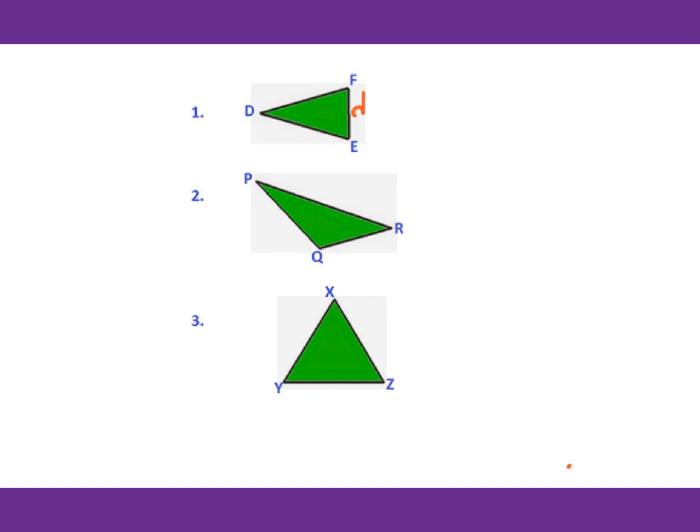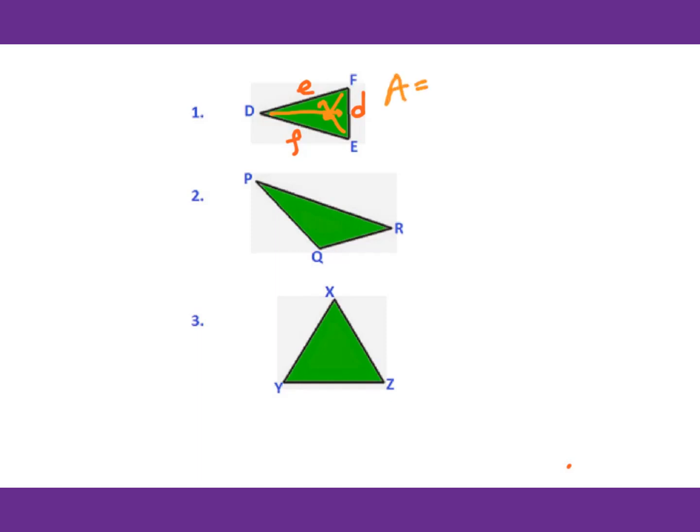Now let's go over that formula. I label this D, here's E, this is F. Opposite angle F is a small f, and opposite of this angle D will be small d. Then opposite for this angle E is small e.